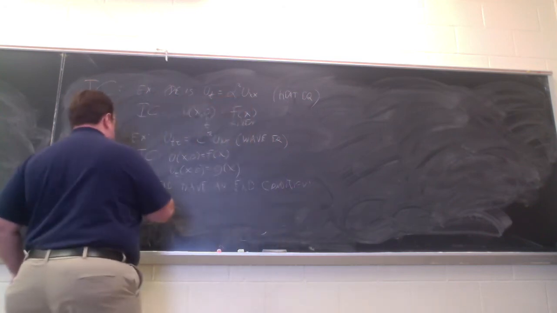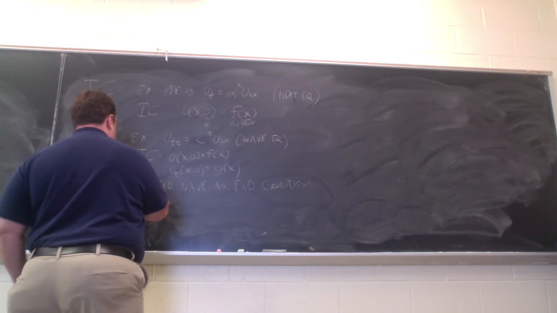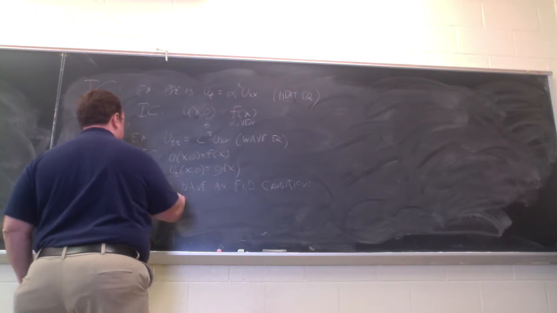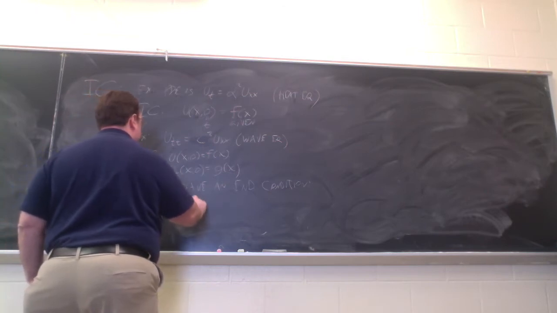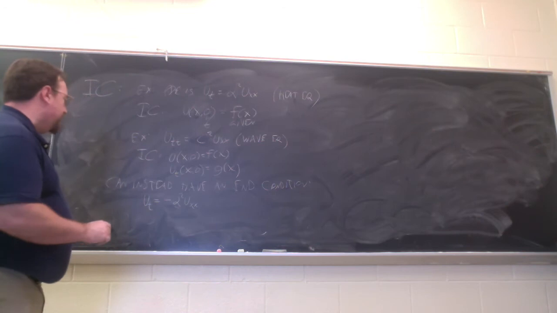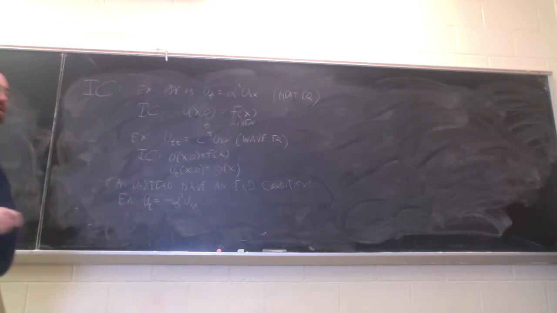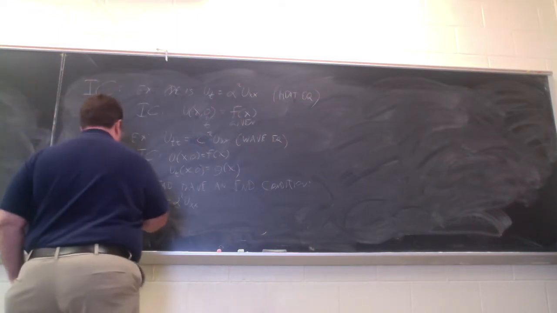An example of that would be, for instance, du dt is equal to minus alpha squared uxx. So this is the backwards heat equation. And instead of specifying at time t equals 0 and then evolving forward in time, because that's the ill-posed problem, you may have your end condition.